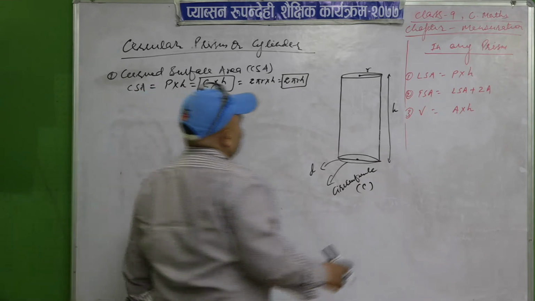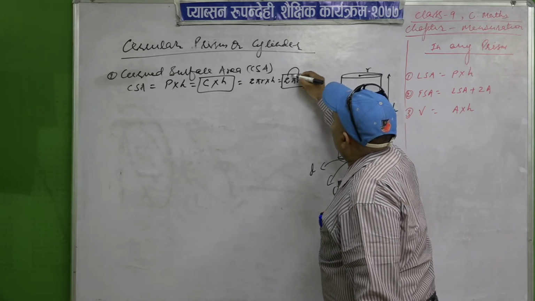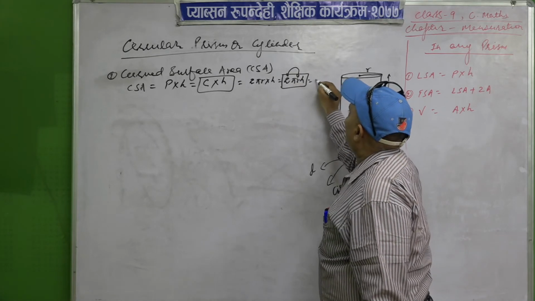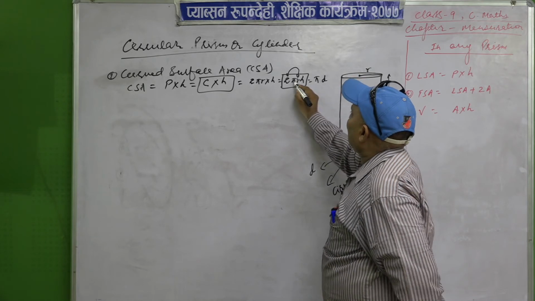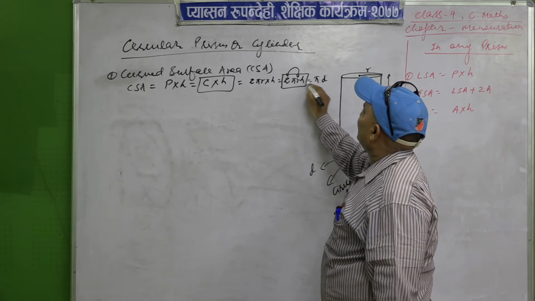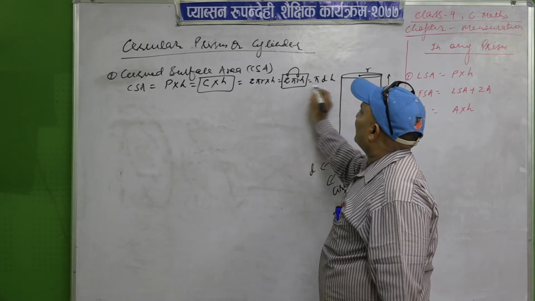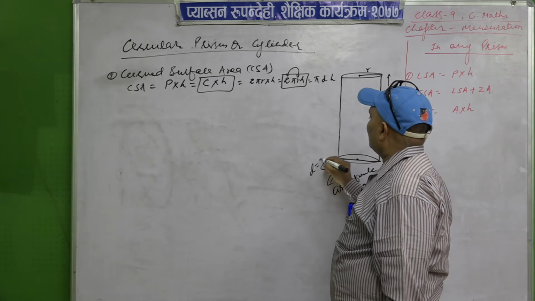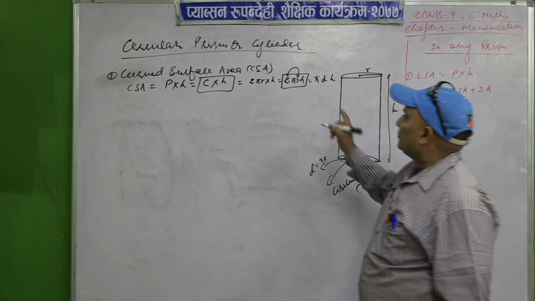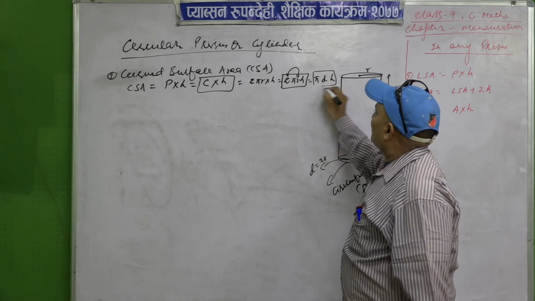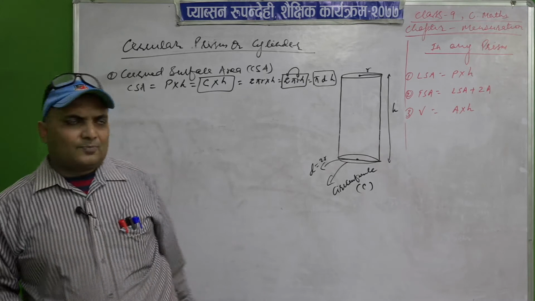And again we know that in the place of 2 r we can write d. Write this pi as it is, this h also as it is, and in the place of 2 r we can write d. D is equal to 2 r. Diameter is double the distance of radius. So this will also be a formula for CSA of a circular prism or the cylinder.